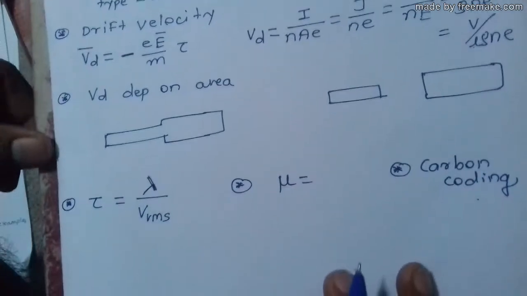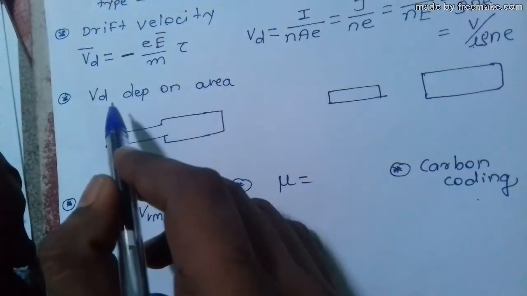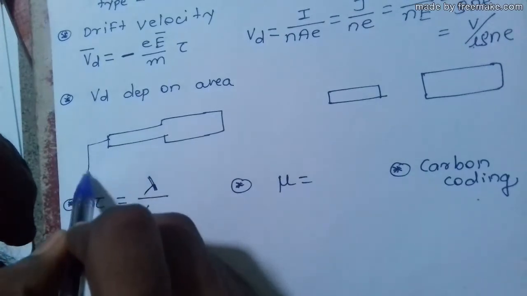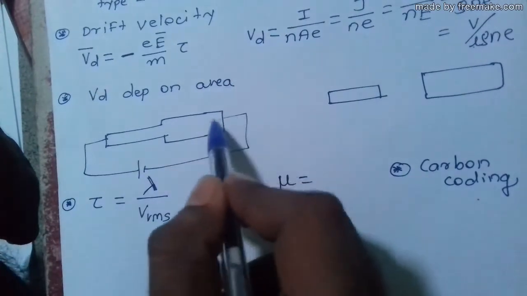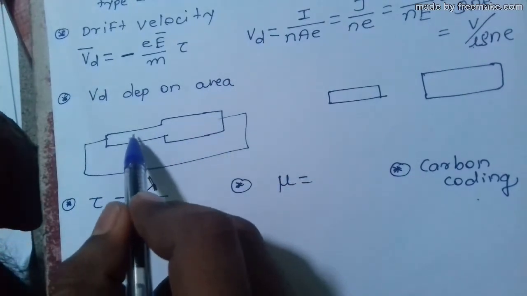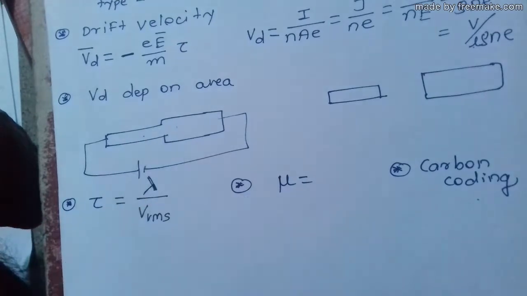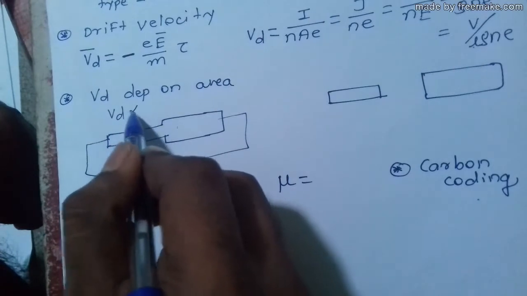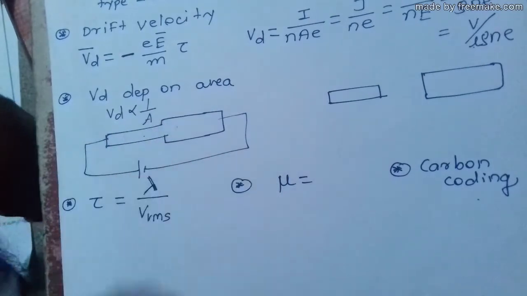Then dependency of drift velocity on area of the conductor. If the same conductor has different areas at different sections, then Vd is inversely proportional to area.